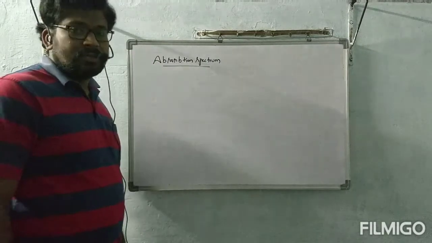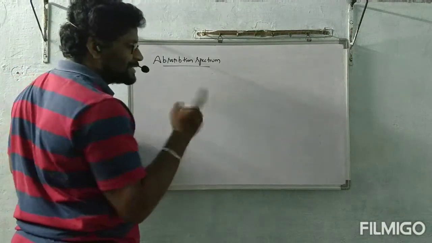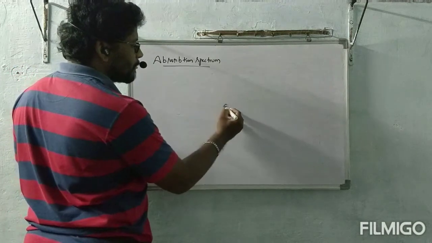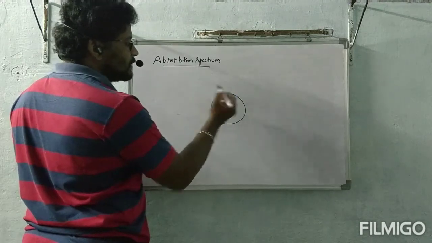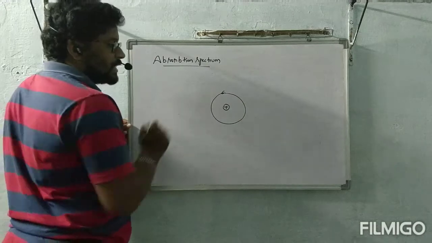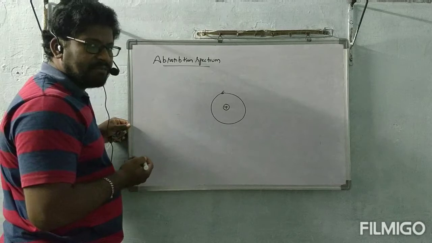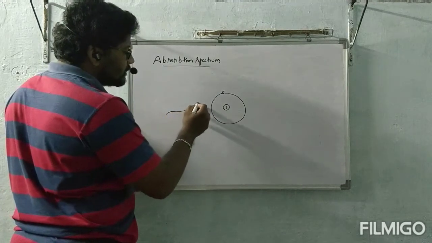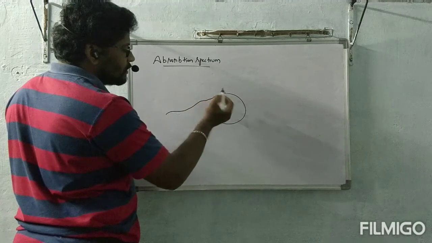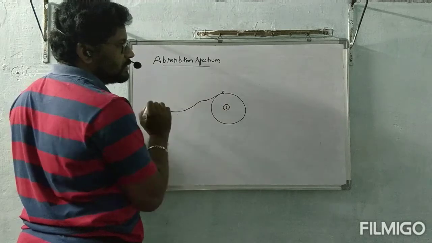Coming to this absorption spectrum, now let us consider the same hydrogen atom. The electron is present here. It is getting heated, meaning some amount of energy is given from outside. The energy given from outside is not enough to transfer this electron to a higher energy state.